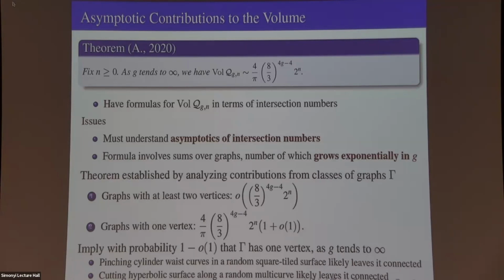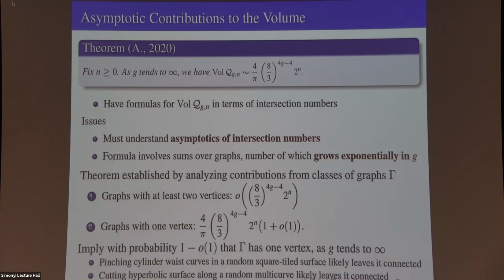Okay, so let me table the first issue for now. If I have time later on, I'll try to mention it. But for now, let me mention the second issue. What you do is you have this formula, which is a sum over a bunch of stable graphs, a sum over all these graphs gamma. And you analyze the contribution of the sum depending on the type of graph you get.